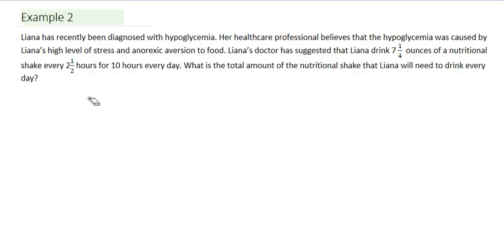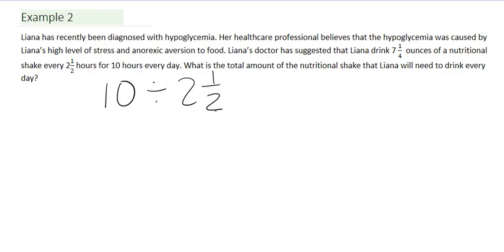So this is asking us to take the 10 hours that she is allotted to drink the shake every 2.5 hours in that time. So we will need to break down the 10 hours by 2 1/2 to get the total amount of times that she will be drinking the shake.